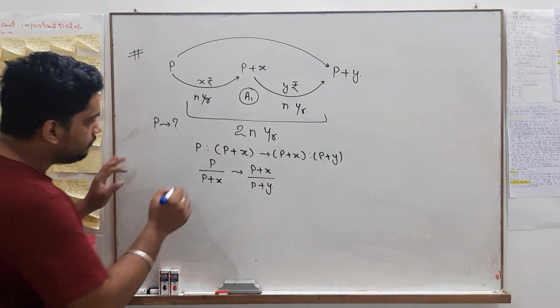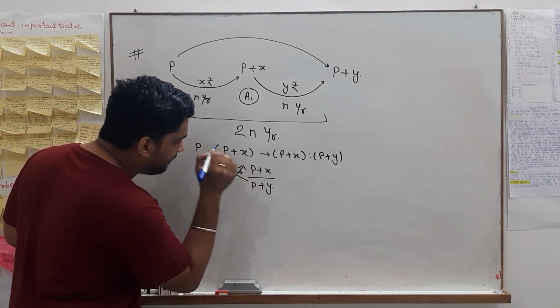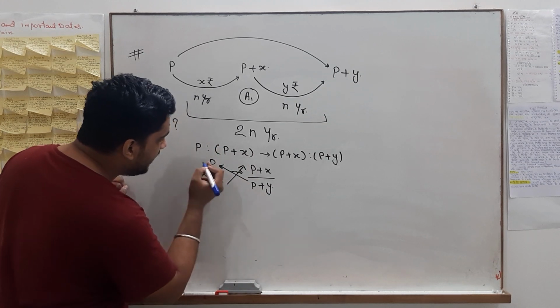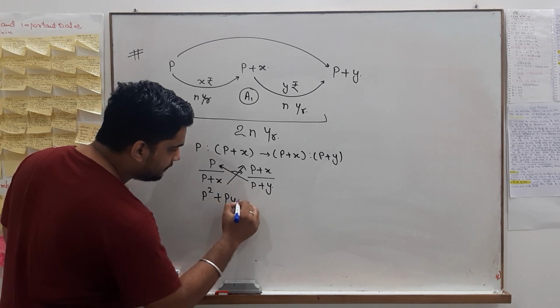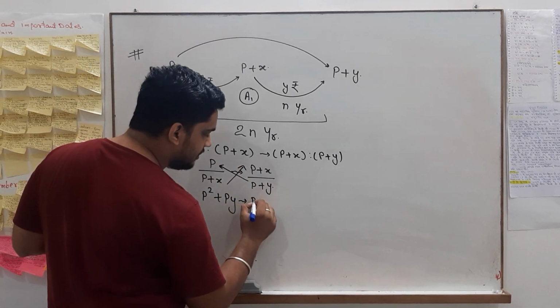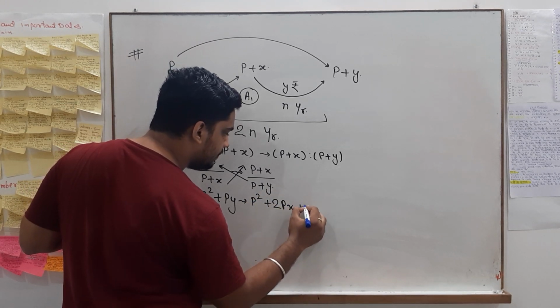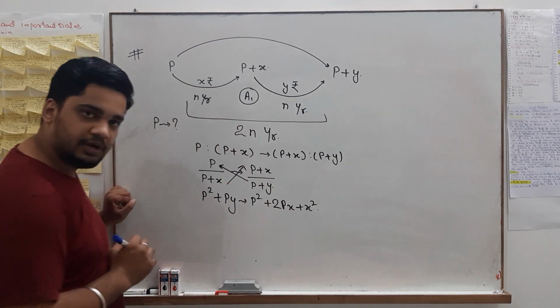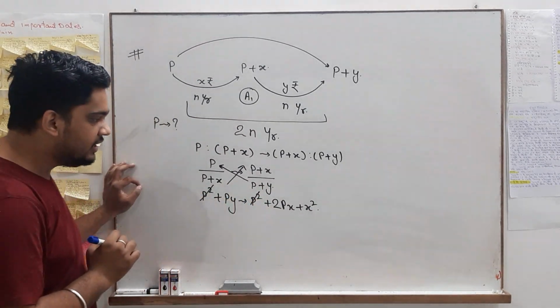So now, when we cross multiply it, what will we get? P into P plus Y, P square plus Py, equals P plus X whole square, which is P square plus 2Px plus X square. So guys, P square will be cancelled out.